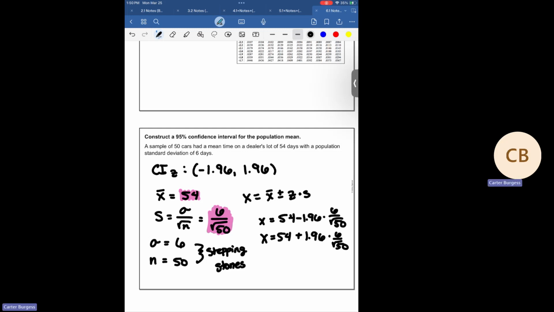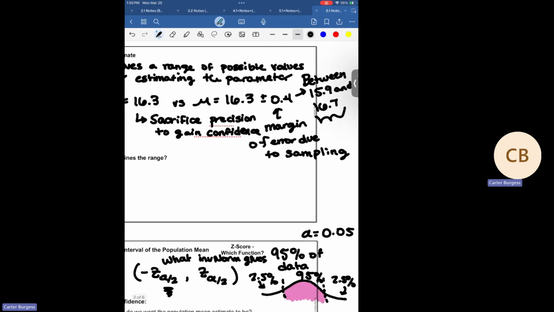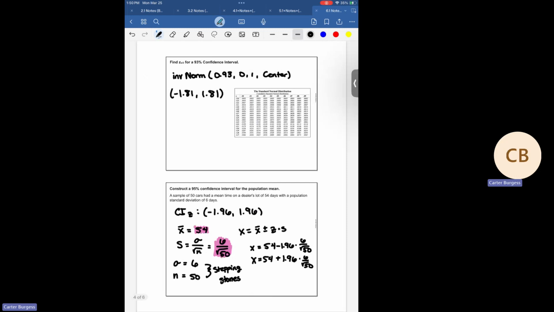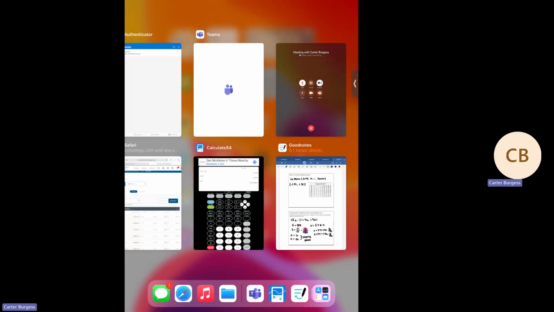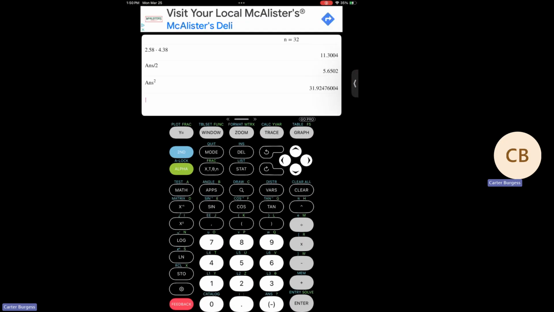We could do the margin of error thing that we saw, with the plus or minus 0.4. That's not too difficult to do. So in this case, 1.96 times 6 over the square root of 50, I get 1.663.